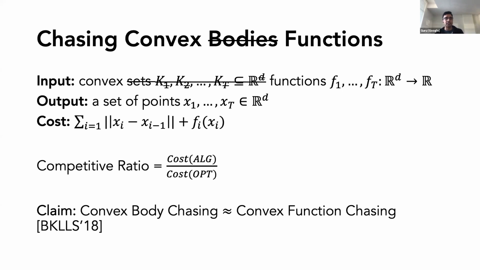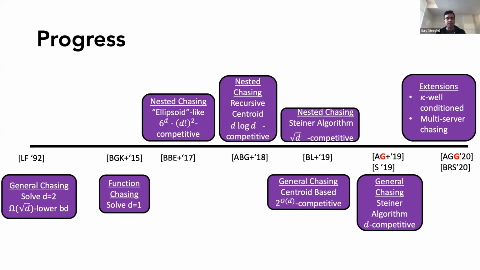So what I'm going to do is I'll just talk briefly about the history, because there's a lot of history in this problem. So one thing is that this problem was introduced by Linial and Friedman in '92, almost 30 years ago. And in that paper, they immediately gave a square root d lower bound. And there's been a lot of work, especially recently, regarding this problem. And maybe I'll just mention a few key highlights.